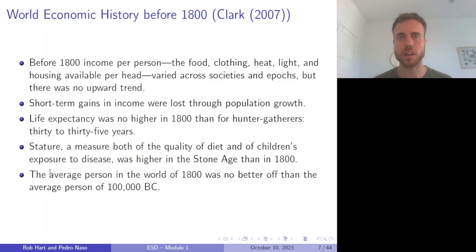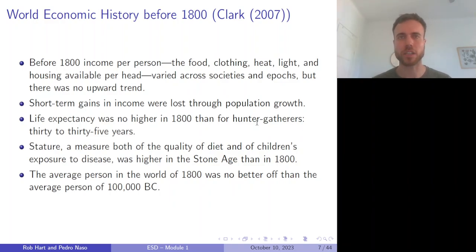So what are our conclusions so far? Before 1800, income per person, and here I'm considering the food, clothing, heat, light, and housing available per head, so really the living standards of a person, varied across societies and epochs, but there was no upward trend.